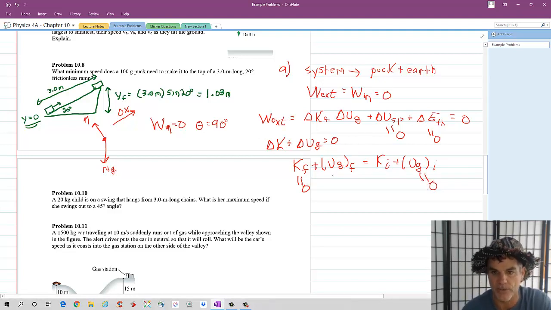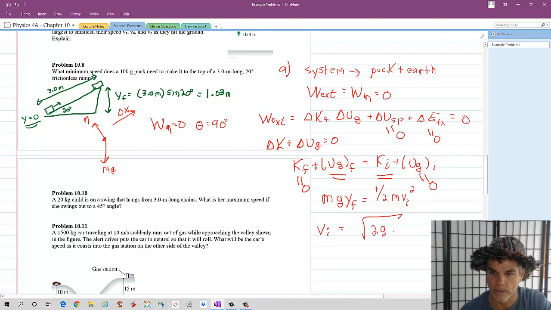So what I get is the final gravitational potential energy it ends up with is equal to the initial kinetic energy it started with, or mg y final equals 1/2 m v initial squared. If I solve for v initial, I get it's going to be the square root of 2g times y final.